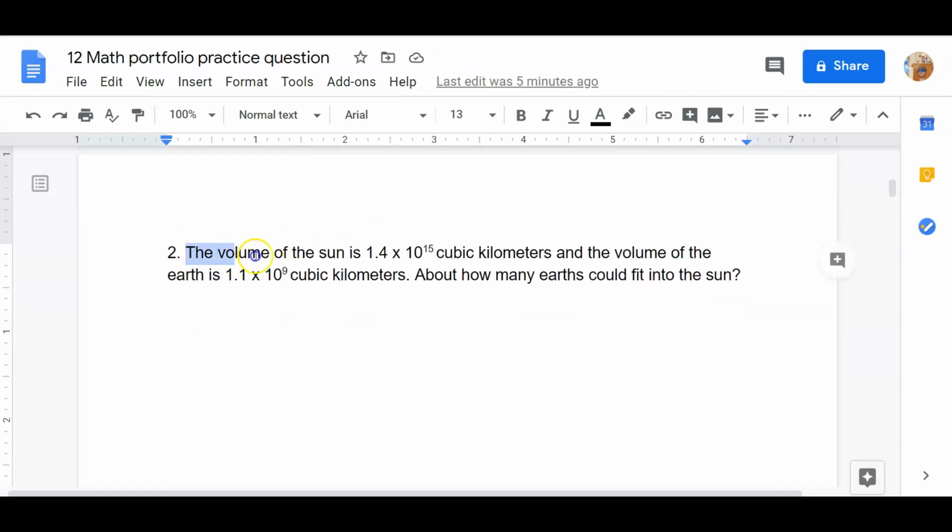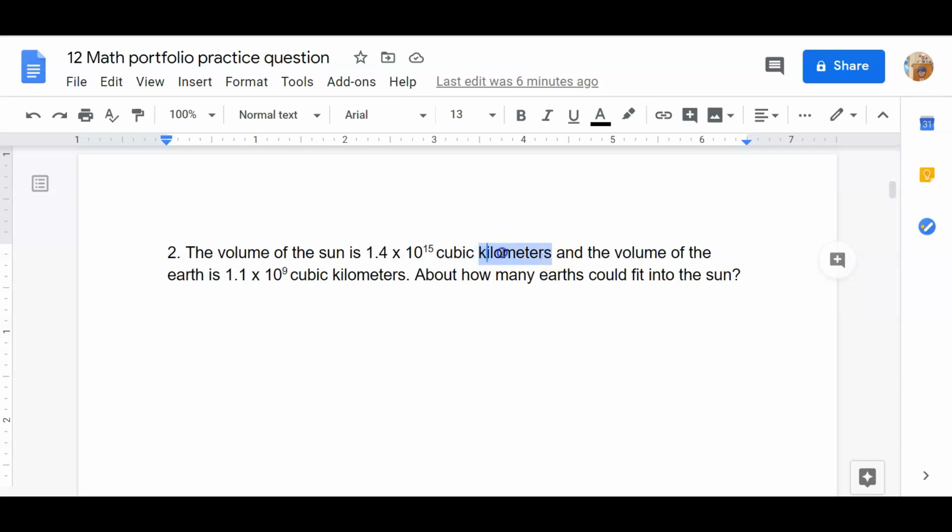So it says the volume of the sun is 1.4 times 10 to the 15th cubic kilometers. I'm going to stop there. What this part of the sentence is trying to say, when it's talking about volume, it means the size. So we're talking about the size of the sun is this many cubic kilometers. That's a unit of measurement.